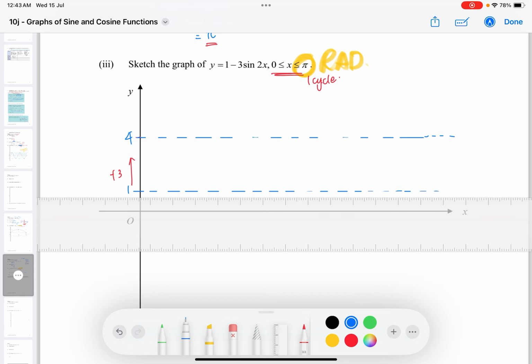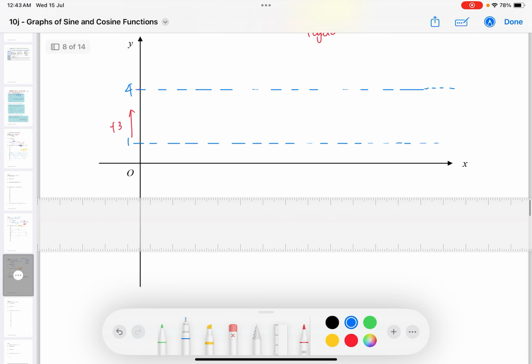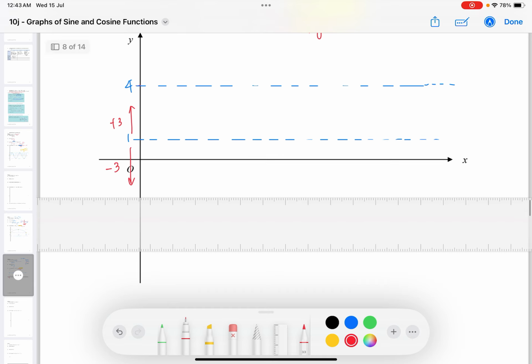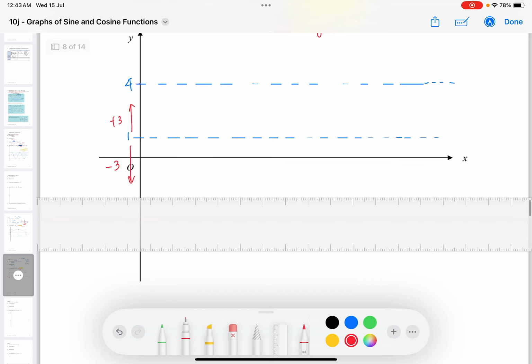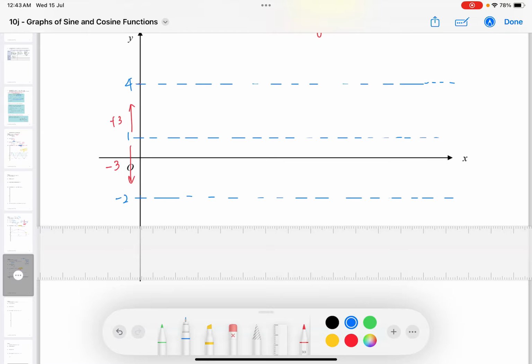And then I will minus 3 to find my minimum. So that is somewhere here. So this will be -2.